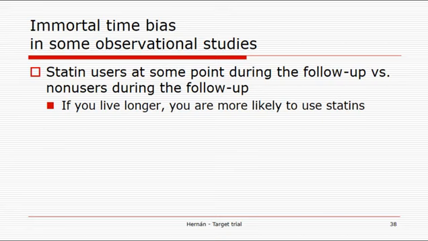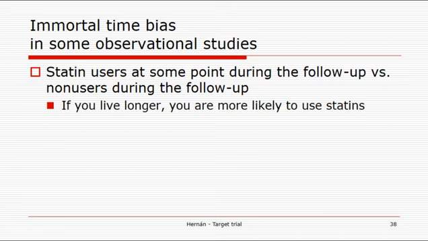If anyone who used statins during the follow-up is included in the statin group, someone who started statins 4 years after the diagnosis of cancer and is included in the statin arm, well, that person has survived for 4 years already. Right?